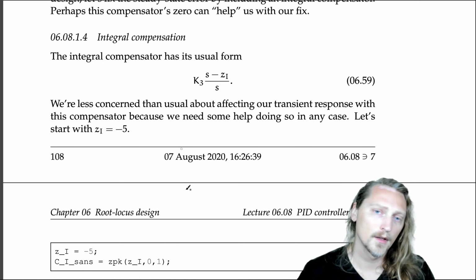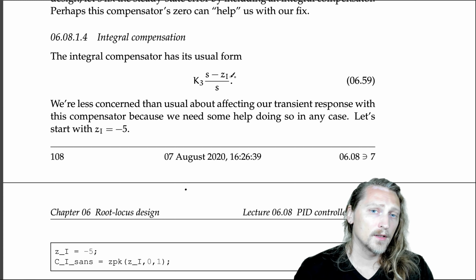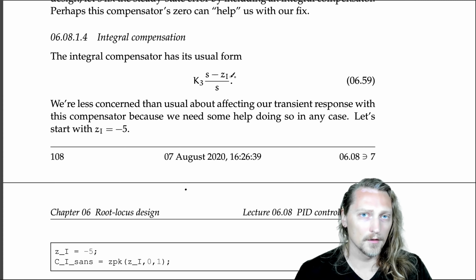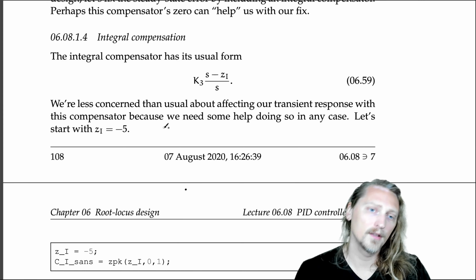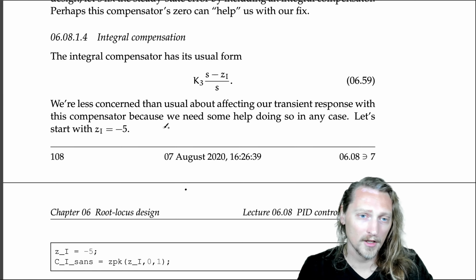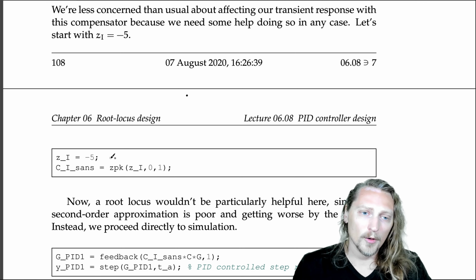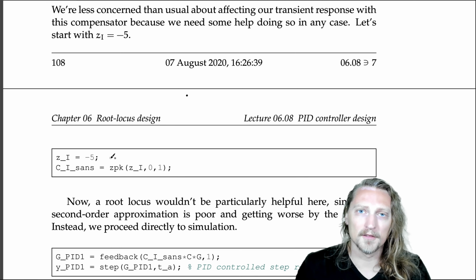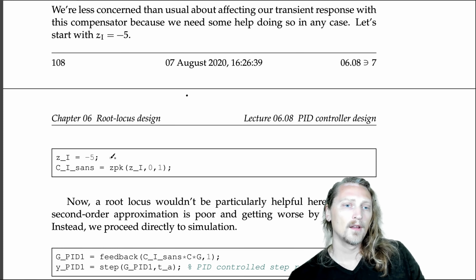Remember, the closer you make that zero, this zi, to the origin, the smaller the impact will be on the root locus. So the transient response won't be affected. But in this case, we're open to that transient response being affected. So we'll see. We'll be a little bit more lax about our rule of not affecting the transient response.